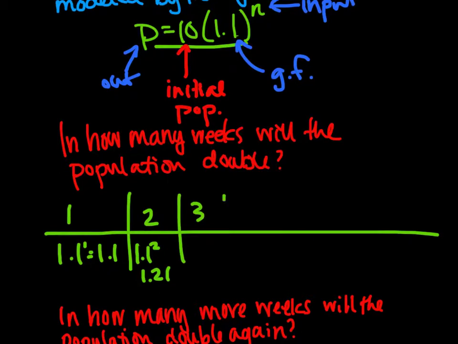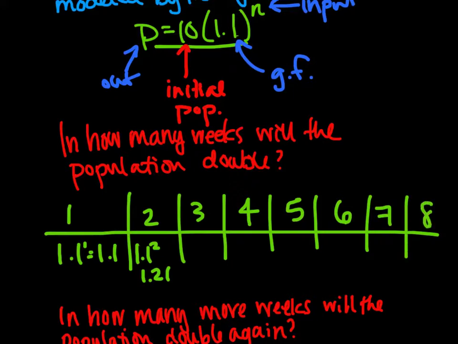For 3, we do the same thing, 4, 5, 6, 7, and we'd figure out in how many weeks this population is going to double. So 1.1 cubed would be 1.331. 1.1 to the fourth is 1.4641. We can do the same thing and so on.